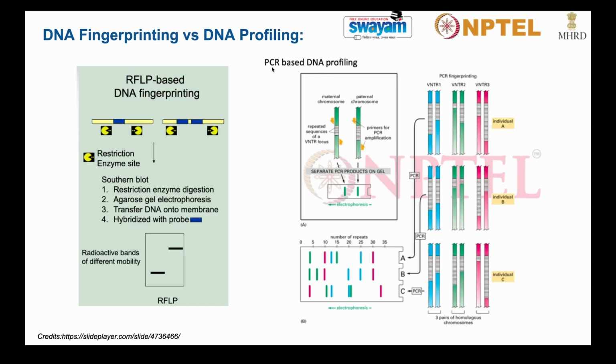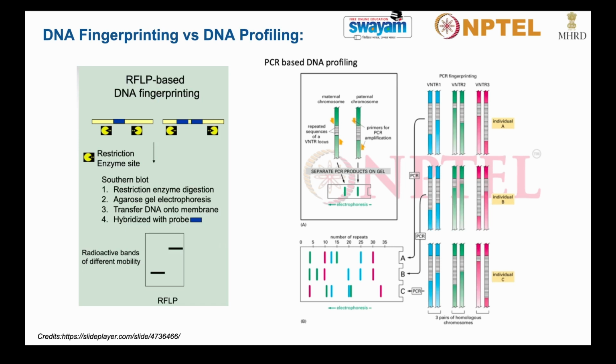Now let's look at PCR based DNA profiling. In PCR based profiling, you don't have to do restriction digestion. You simply provide the DNA, the forward and reverse primers, the dNTPs and the Taq polymerase, and then repeat it for multiple cycles so that you can amplify the DNA you have.